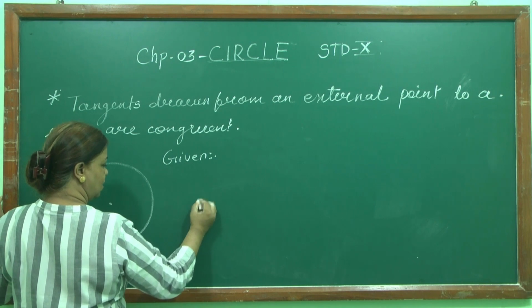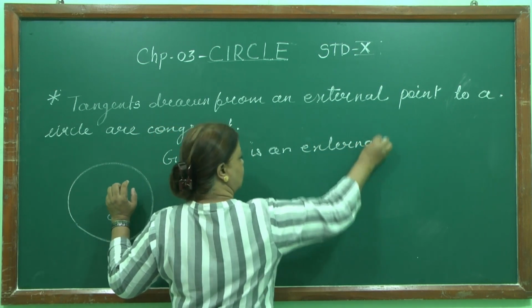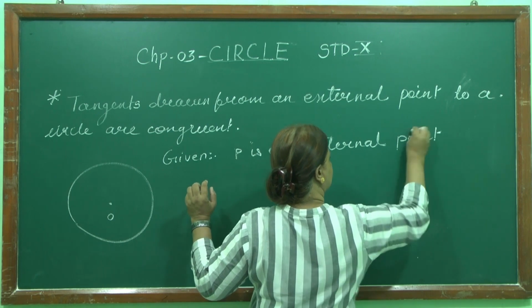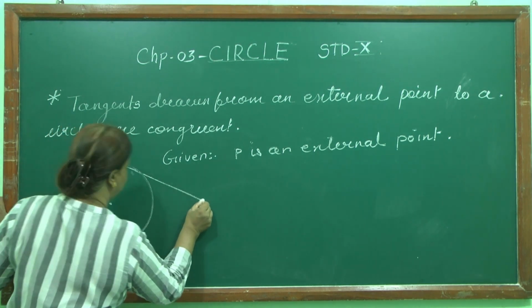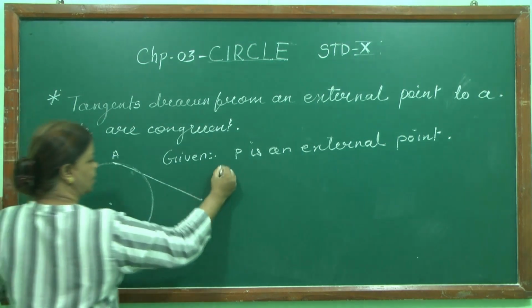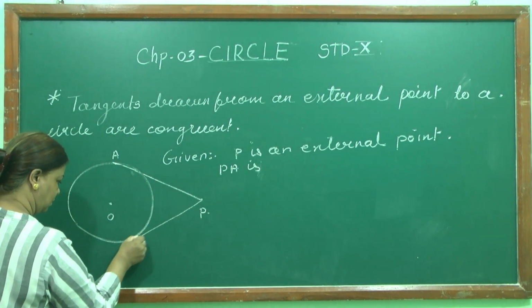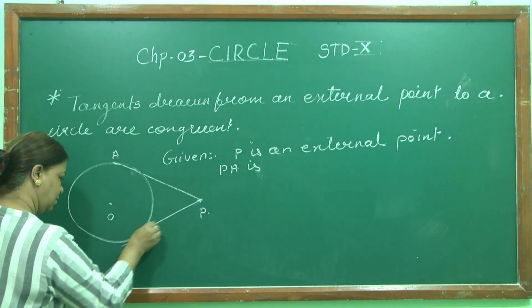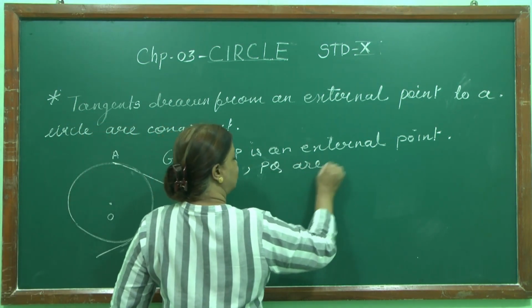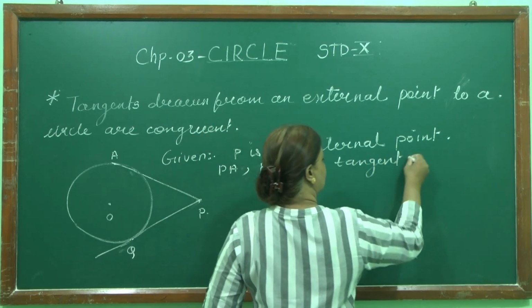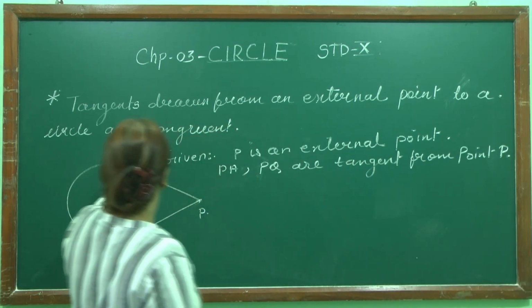There is a point P. P is an external point and PA is a tangent, and PQ are tangents from point P. What we want to prove?